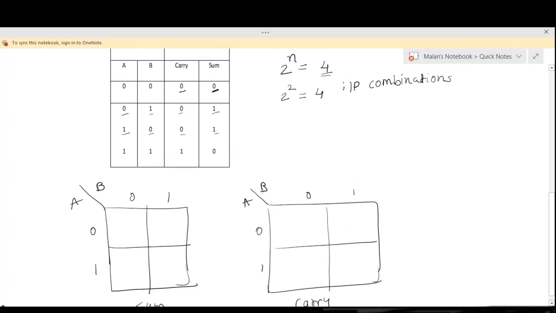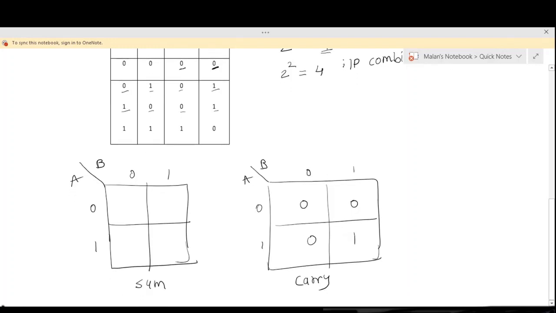For the carry, the outputs are 0, 0, 0 and 1. First try for pairs. Is a pair possible here? No. There is only one available, which is an isolated one. Circle the isolated one and find out the term expressed by it.